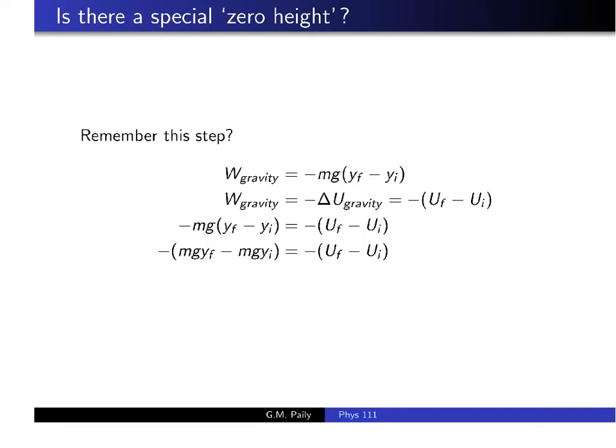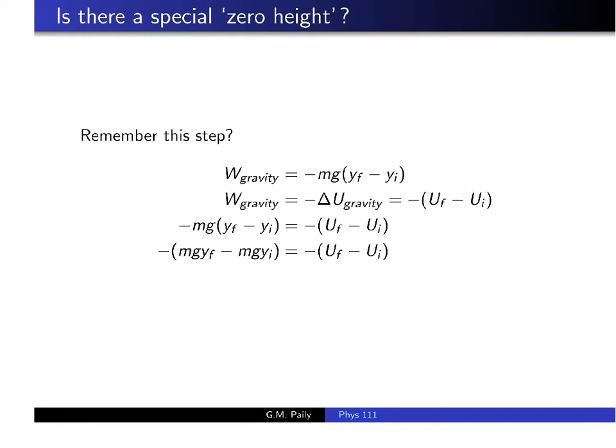Well, remember when we used the connection between work and potential energy to find out an expression for gravitational potential energy? We set the work done by gravity to negative delta U of gravity. And then we expanded that delta U into U final minus U initial.